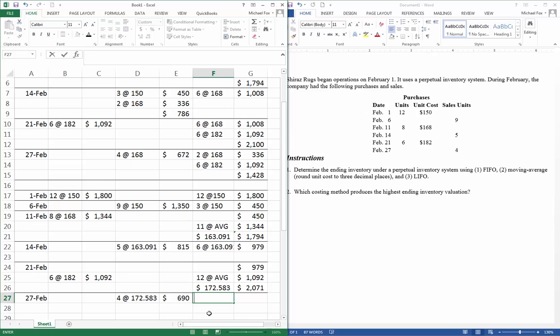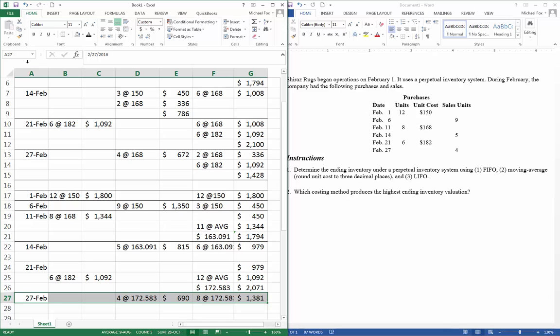That's what I sold, 4. So my 8 units will be at 172.583. That should be an @ sign. And that will equal 8 times 172.583. So there's my ending balance.